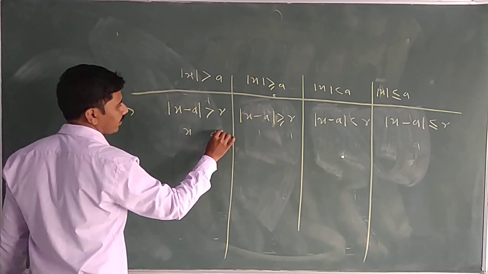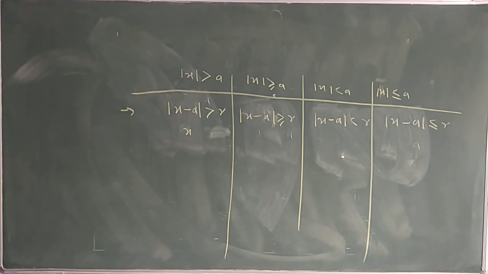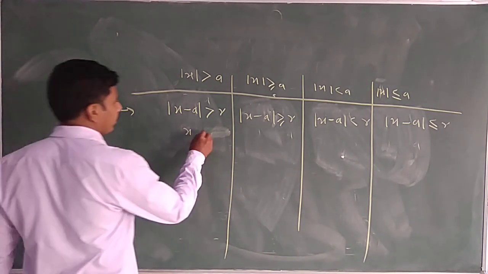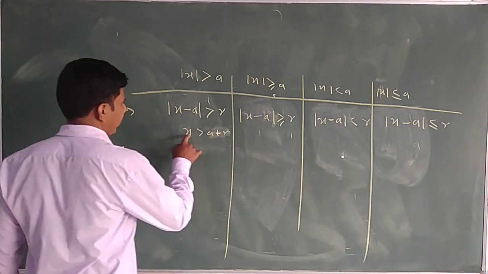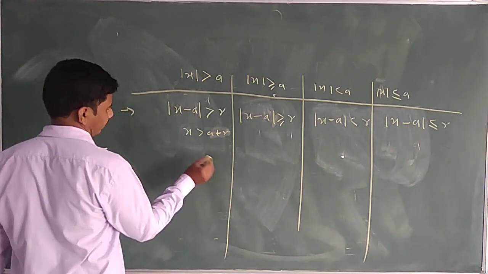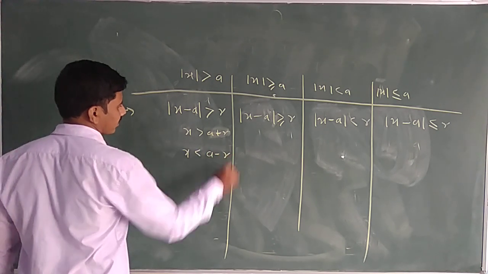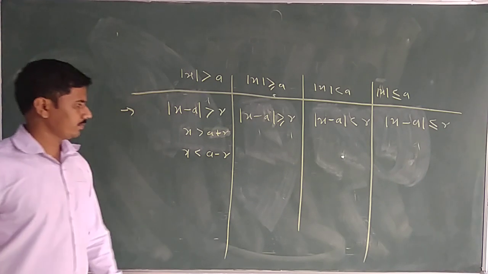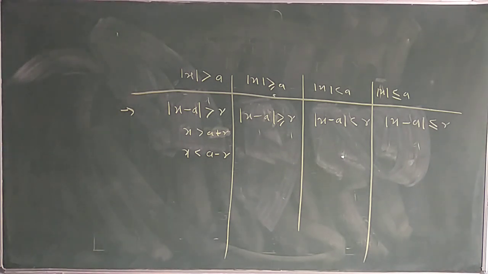What do you get? a plus r. So x is greater than a plus r, and x is less than a minus r. These are the two values. x is greater than a plus r. Let me check it as it is.